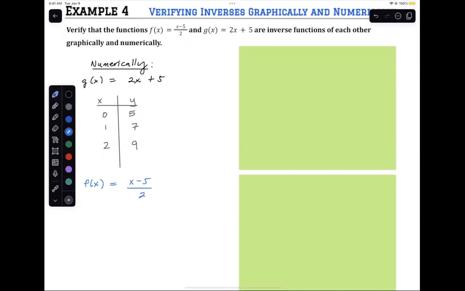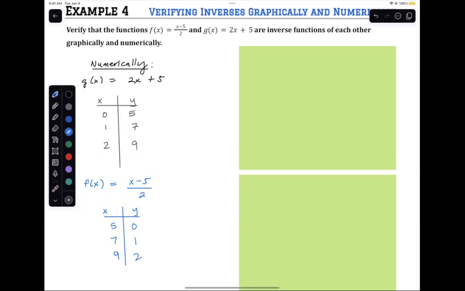Let's plug in 5, because if these truly are switched, then I should get 0 back. If x is 5, 5 minus 5 is 0, and 0 divided by 2 is 0. If I plug in 7, 7 minus 5 is 2, and 2 divided by 2 is 1. If I plug in 9, 9 minus 5 is 4, and 4 divided by 2 is 2.